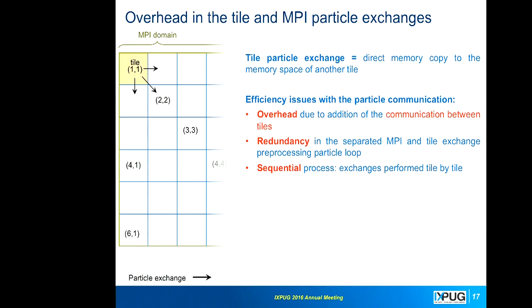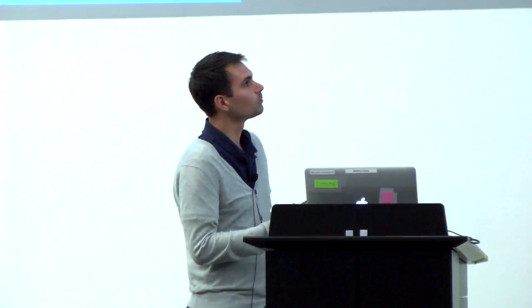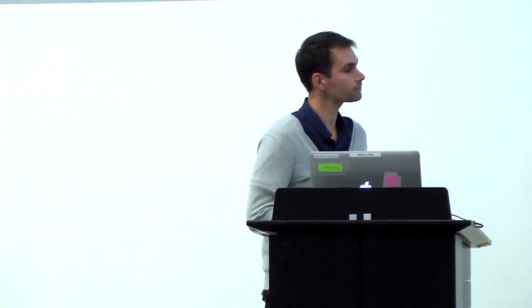Let's describe why we have an overhead due to this new communication. First, we have an overhead because we just have new things to do, so a new communication pattern. Then we have some redundancies because what we are doing to pre-process the particles that will leave the tiles or not, we are doing the same thing for the MPI domains. So we are doing almost 2 times the same thing, and then the process is still sequential.